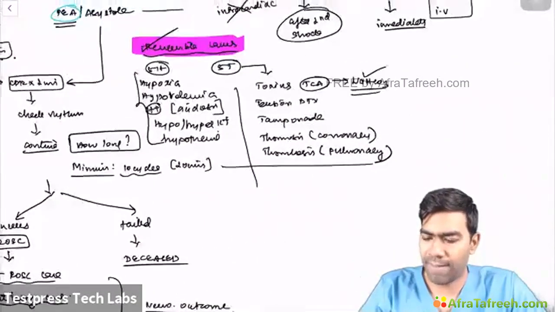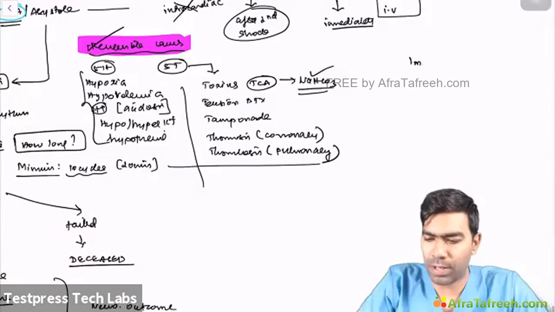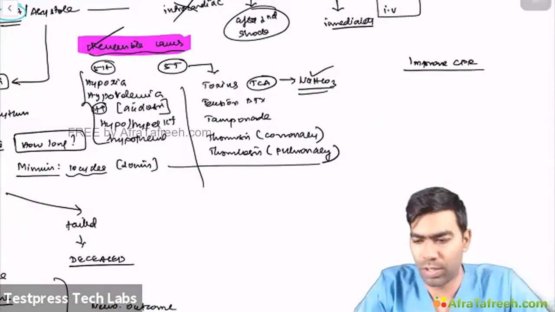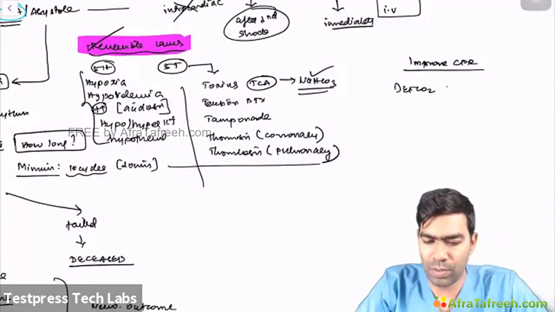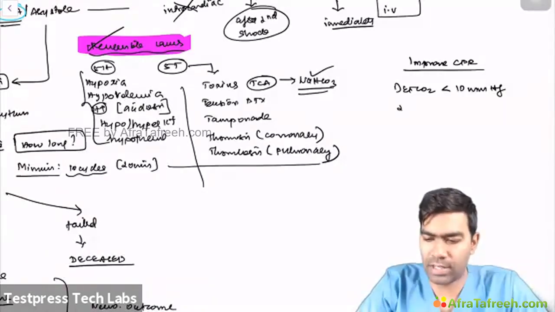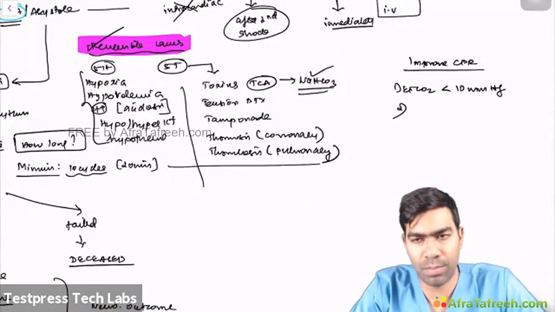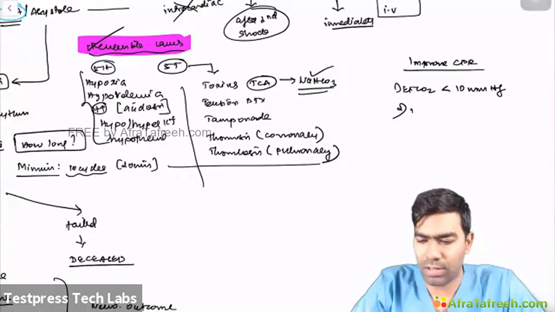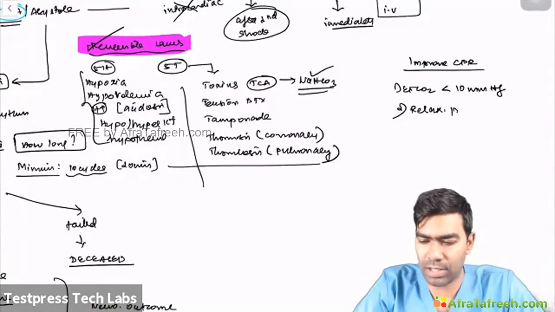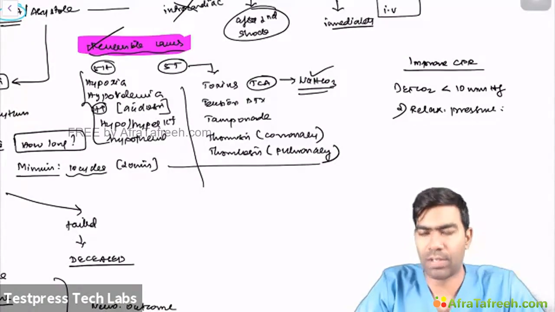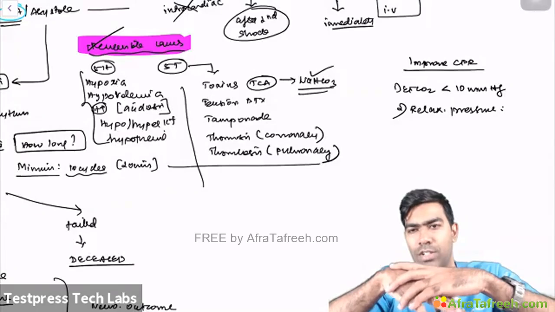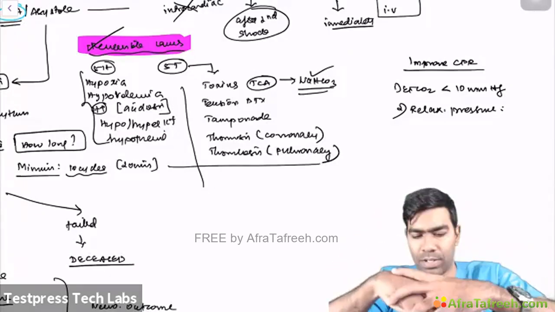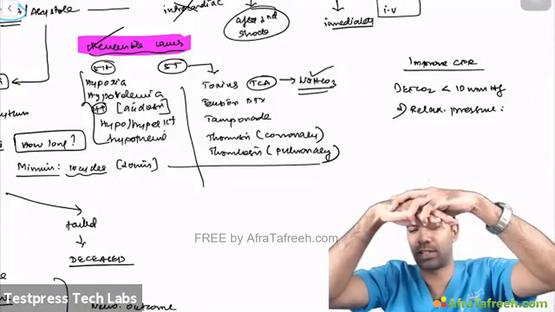And finally, when do you have to improve CPR? That is, when your CPR quality is not good. As I told you, if your EtCO2 is less than 10 millimeters of mercury, then it indicates poor quality CPR, so you have to improve it. Then the relaxation pressure, which is nothing but the diastolic pressure: when you compress the heart, you produce a compression pressure, similar to systolic pressure, and a relaxation pressure, similar to diastolic blood pressure.